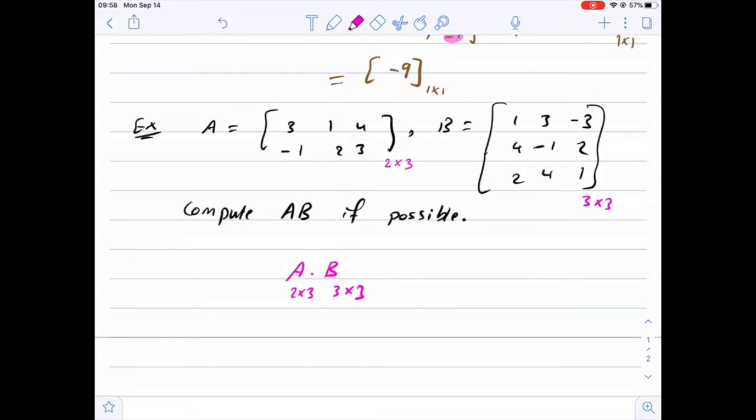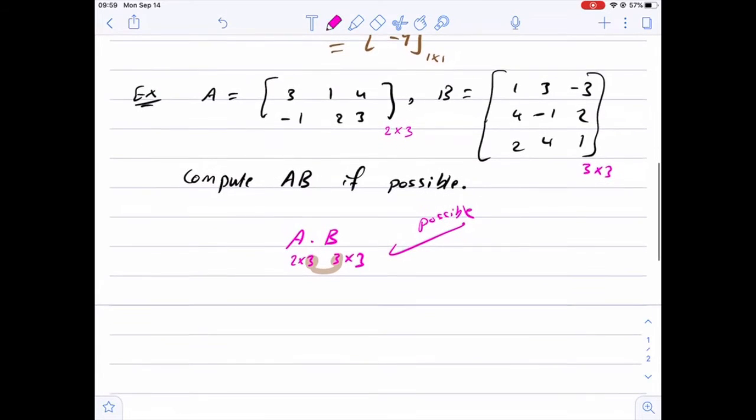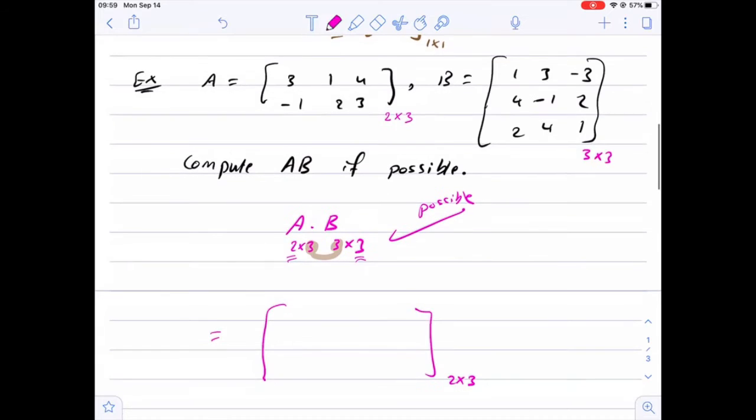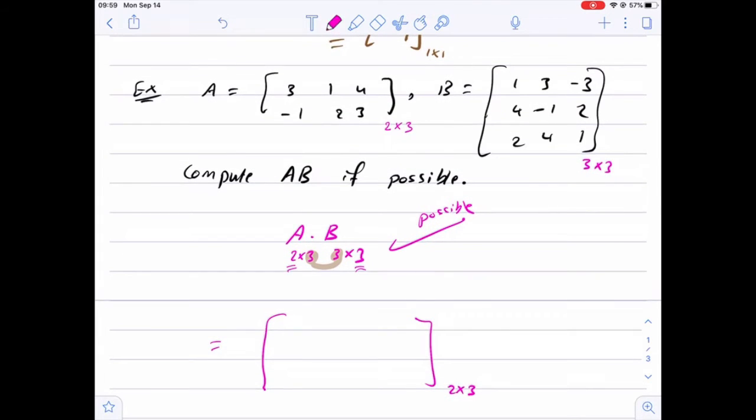Now we look at the inner numbers. As you can see, those are equal, so yes, it's possible. Now since it's possible, we need to find the product, A times B, the multiplication. The resulting matrix has order 2 times 3, the outer numbers: the number of rows of the first times the number of columns of the second one. So 2 rows and 3 columns.